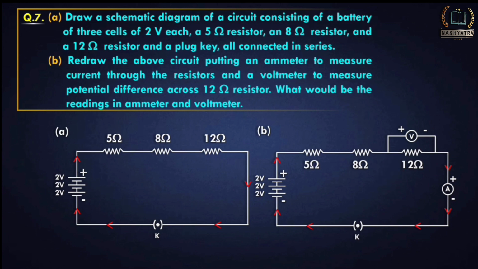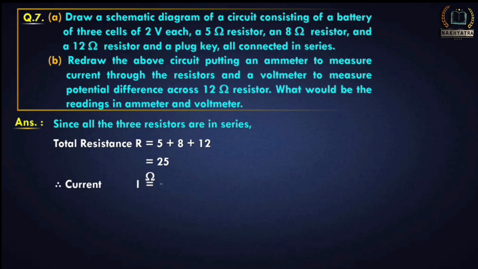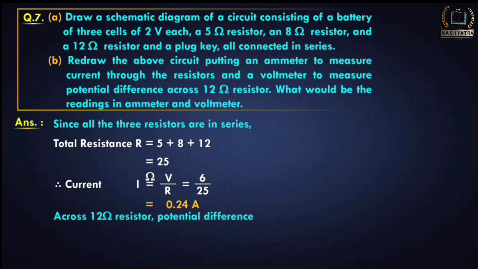Okay. Now see here, since all the 3 resistors are in series, therefore the total resistance will be, add all the resistors, we will get 25 ohm. Therefore current I equal to V by R. Now put the value 6 by 25, we will get 0.24 ampere.